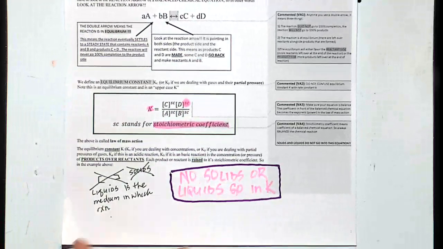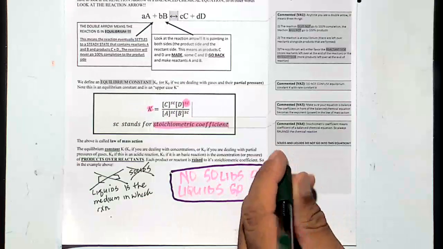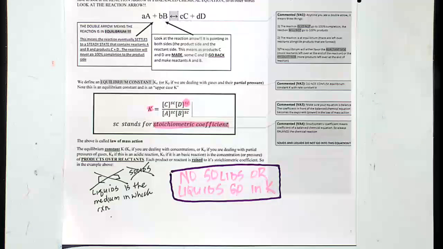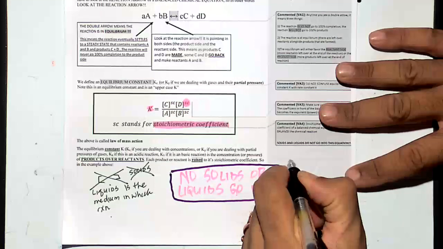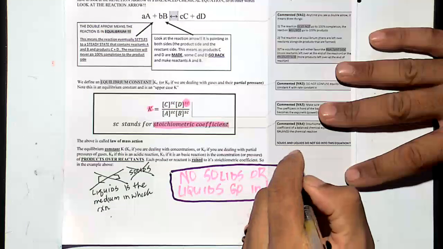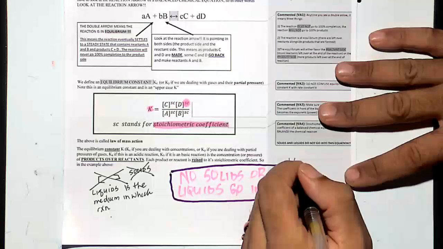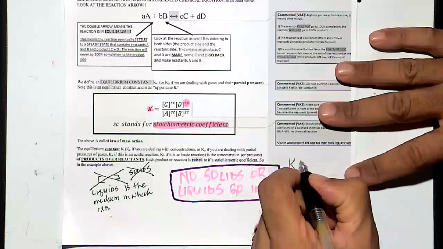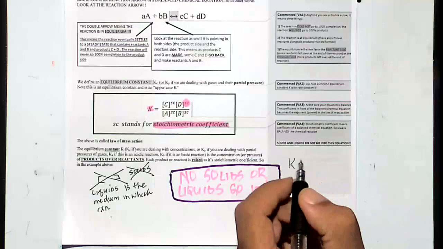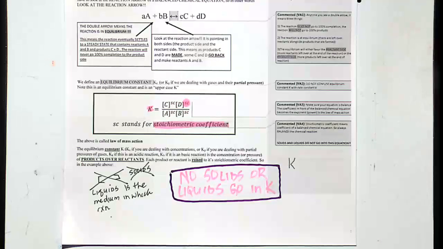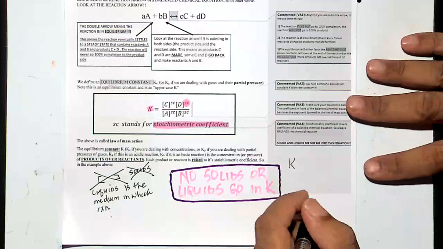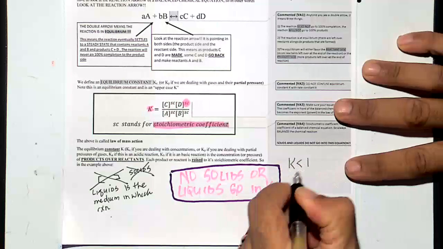Now let's talk a little bit about K. Let's say we have K greater than 1, and K less than 1.